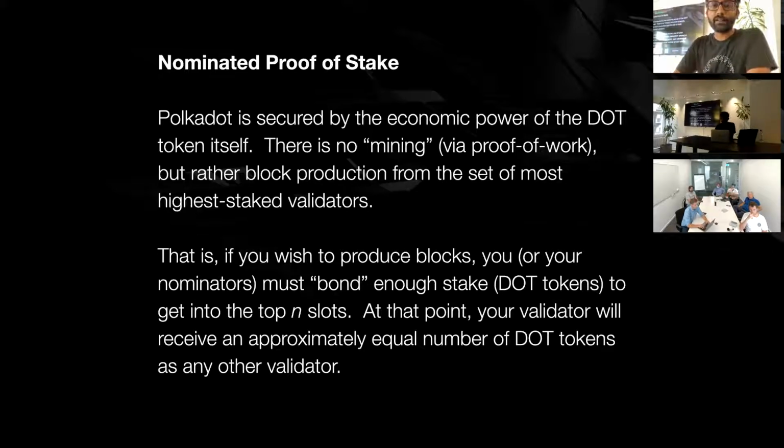So this ensures security from the economics. Nothing is impossible, right? People can break things, people want to do evil things, but there is a huge cost associated with it. If you understand this closely, you'll see what kind of cost it takes to break the security that we have.